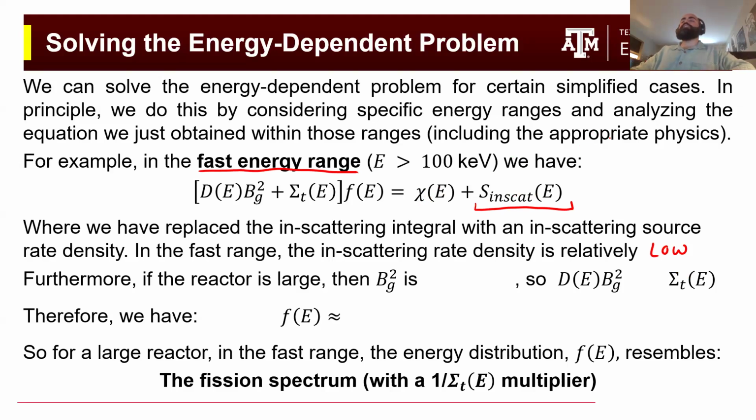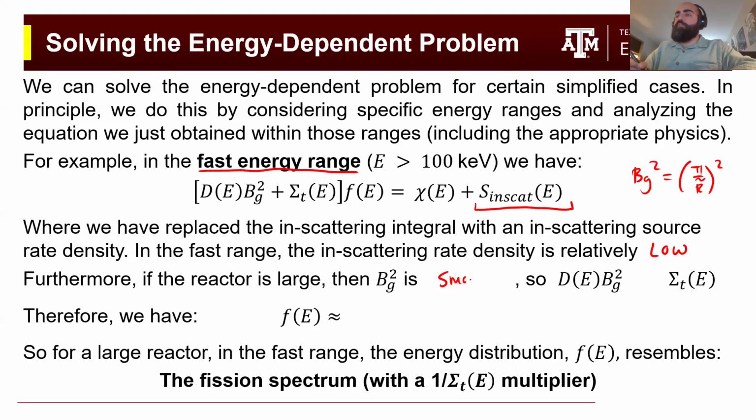And if the reactor is very large, how is that going to affect BG squared? If we think about BG squared for a sphere, then it's pi over R tilde squared. So if R is very large, what does that mean about BG squared? It means BG squared has got to be pretty small, right?